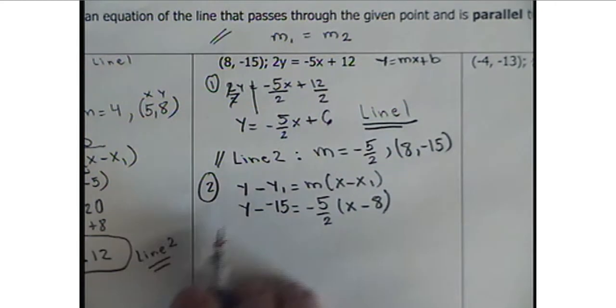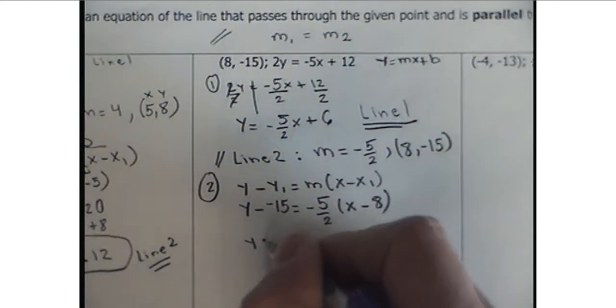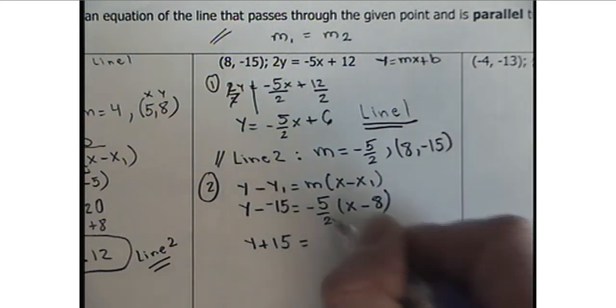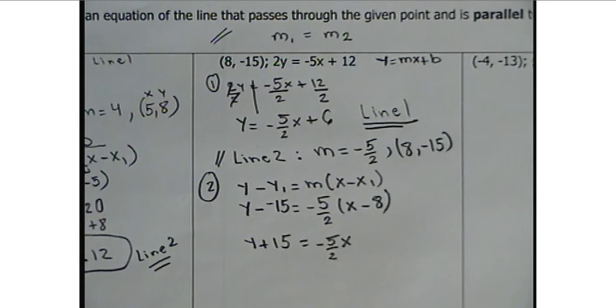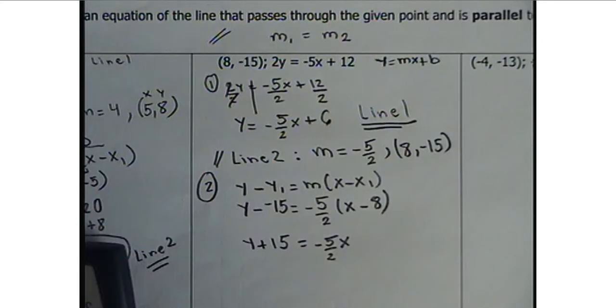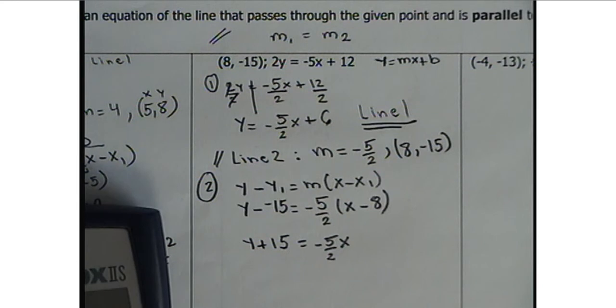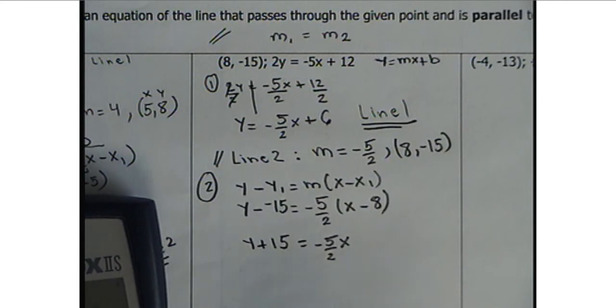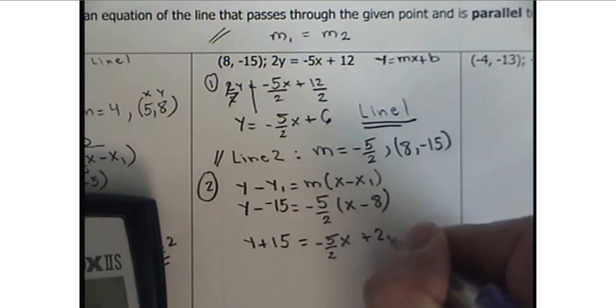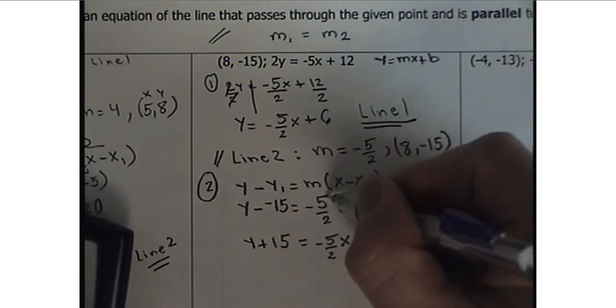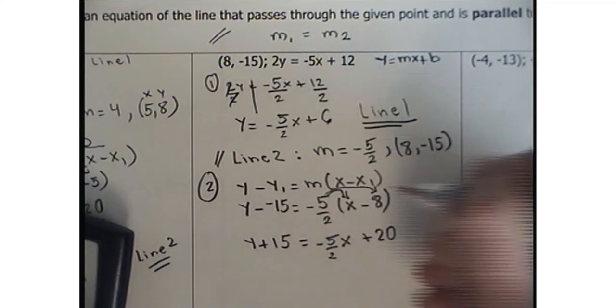So y minus -15 is y plus 15 equals -5/2 times x minus 8. For -5/2 times -8, it will be a good time to use the calculator. So -5 divided by 2 times -8 will give me positive 20. With the distributive property, we multiply those two and those two.